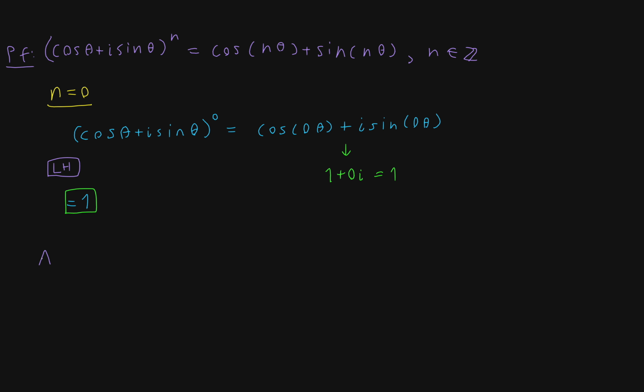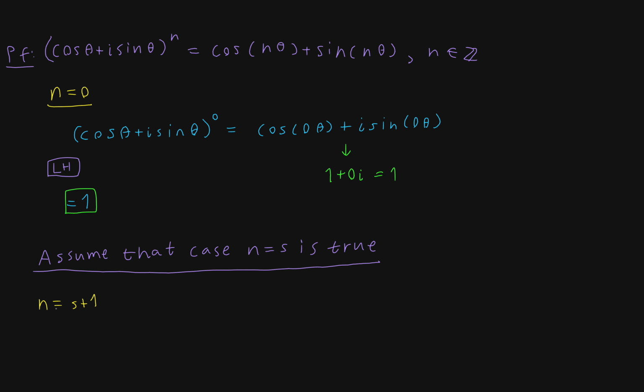Now what we're going to do is assume that the case with n equals s, that's just some arbitrary variable, is true by what we've proposed. Okay. So then we're going to try the case n equals s plus 1.